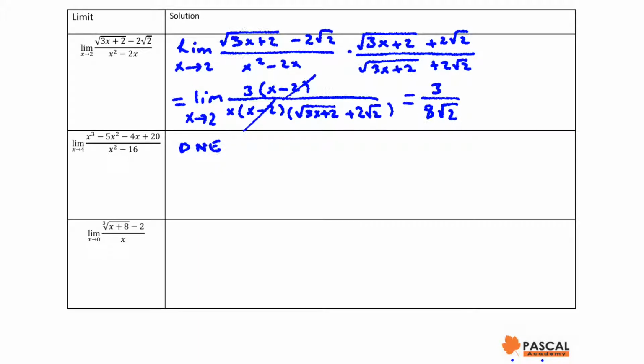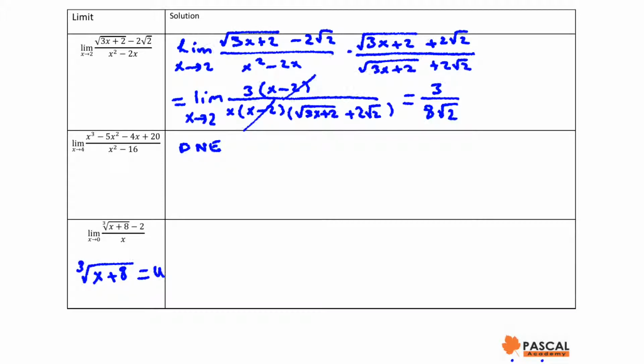If we do direct plug-in in the limit of the cube root of x plus 8 minus 2 over x as x approaches 0, we get 0 over 0. We use the substitution method.